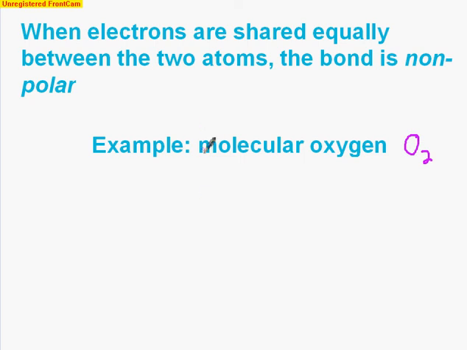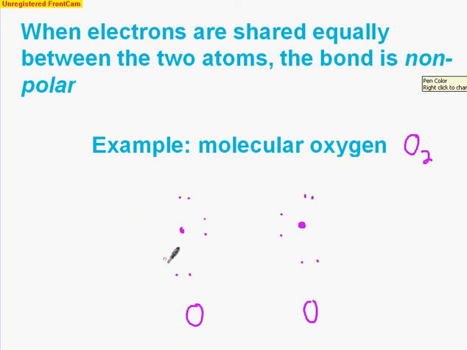Oxygen, if you were to use your periodic table, has 6 valence electrons. So let's say here's a nucleus, and you've got 1, 2, 3, 4, 5, 6 valence electrons. We'll do it again. 1, 2, 3, 4, 5, 6. So neither one of these oxygen atoms is stable because oxygen wants 8 and currently only has 6. So the solution is to share electrons.